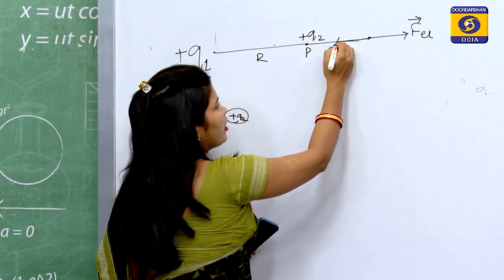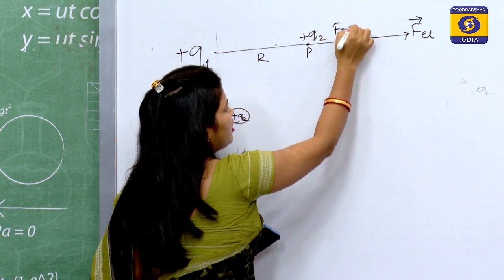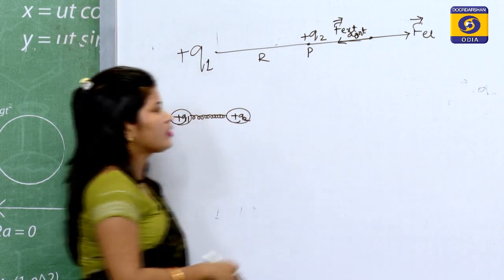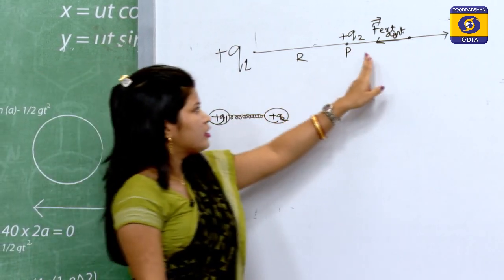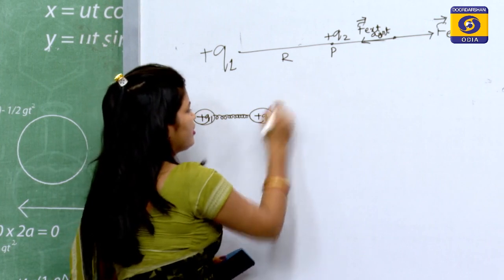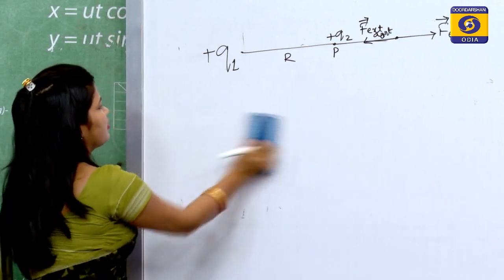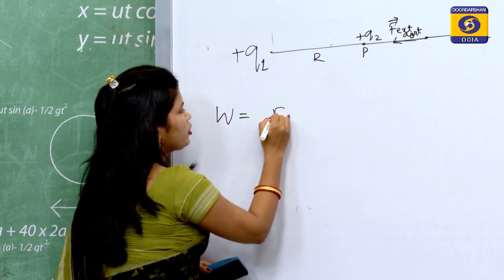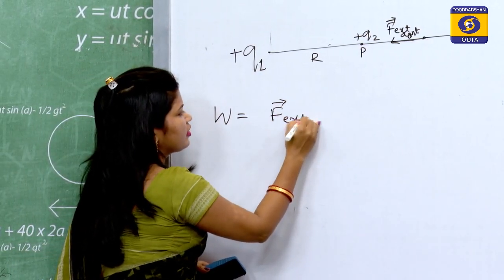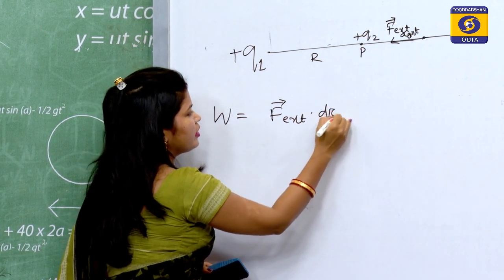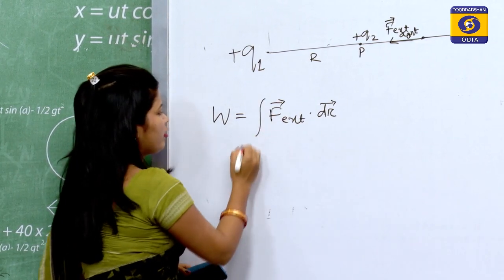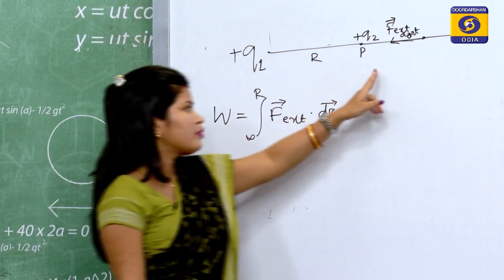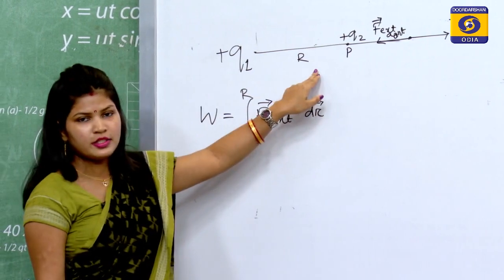The same force I will apply, that is external agency, and the work done W is equal to force due to external agency dot dr integration from infinity to r, because I am bringing this charge from infinity to this distance.